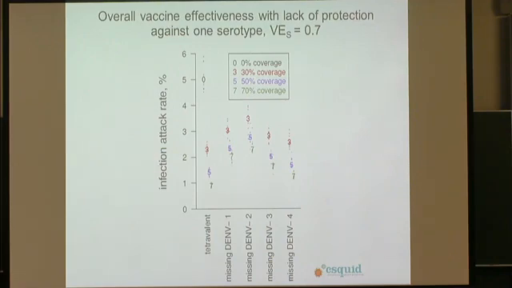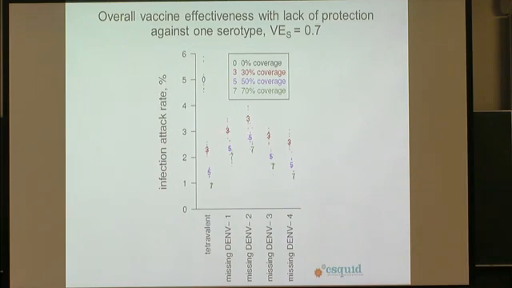It did not protect against different serotypes. And so this shows different coverage levels. When you have 30%, 50%, and 70% coverage, and the vaccine protects against all the serotypes, you're running about a reduction from about 5% incidence down to 2, and then this one is missing serotype 1.